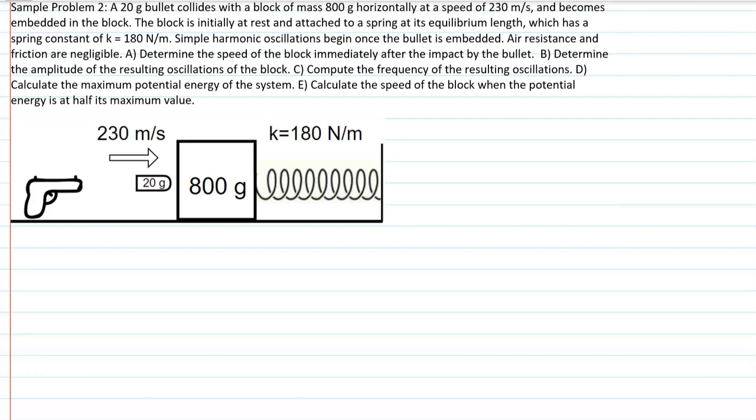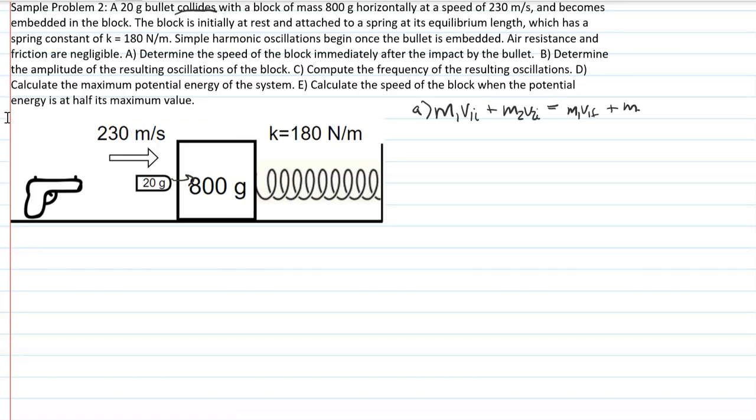So when the bullet becomes embedded in the block, that is called an inelastic collision. Remember, when you see the word collides, you should automatically think, oh, I probably have to use momentum for this one. So for part A, we're just going to start with the equation for conservation of momentum.